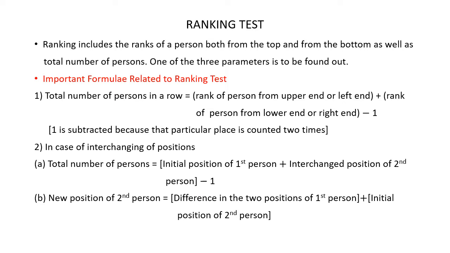If you have to find the new position of second person, then the formula is position of second person is equal to difference in the two positions of the first person plus initial position of the second person. You will understand the usage of these two type formulae when you solve problems later on.